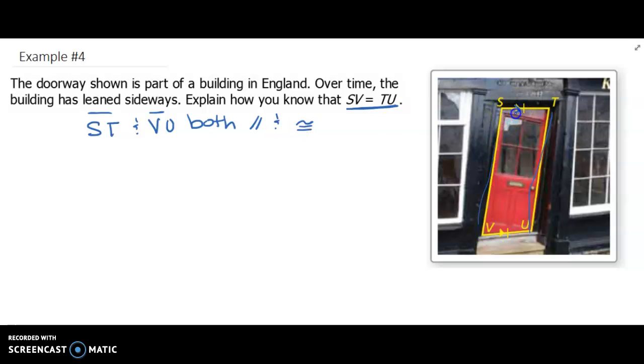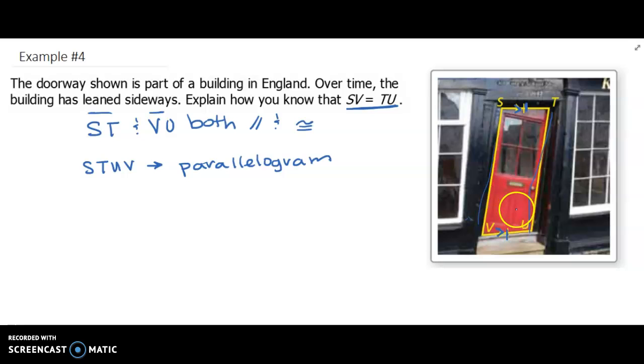I know they're both parallel because of this arrow here and this arrow down here, and I know they're congruent because of this single hash mark and this single hash mark. So by the opposite sides parallel and congruent theorem, I can say that STUV is a parallelogram. Once again, that was by the opposite sides parallel and congruent theorem.